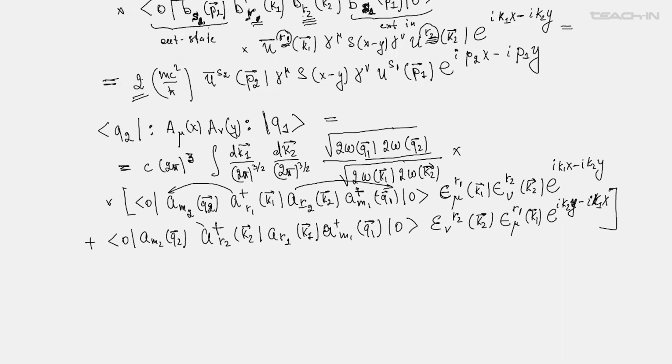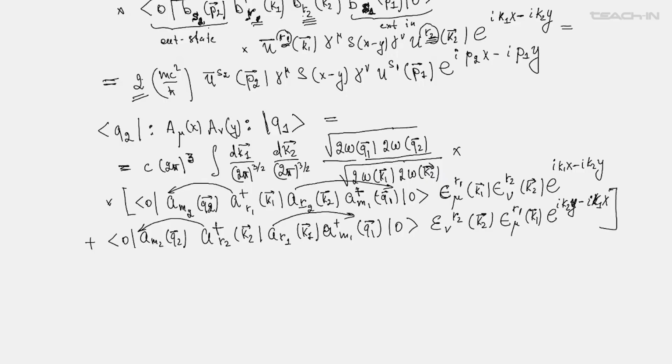In these commutations, we will be obtaining delta functions, which allow us to perform later integrations over K1 and K2. We also get Kronecker deltas, which make the photon polarizations R1 and R2, over which we sum, become equal to either M1 or M2.